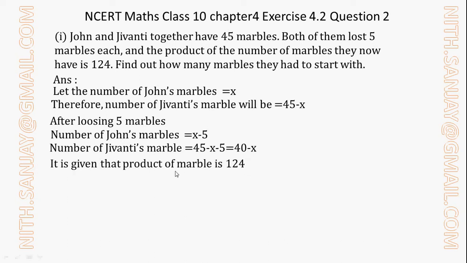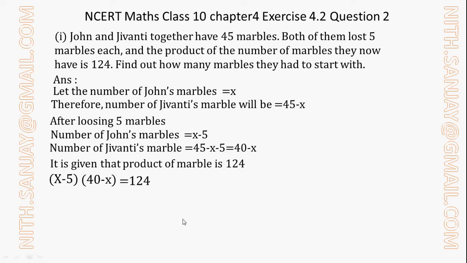Now we will take the product of these marbles, because it is given that the product of the marbles after losing 5 marbles is 124. So we will multiply the marbles of John and the marbles of Jivanti which they had left after losing 5 marbles, right? So I will multiply x minus 5 with 40 minus x.